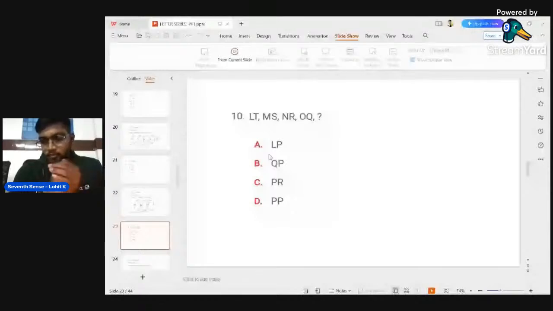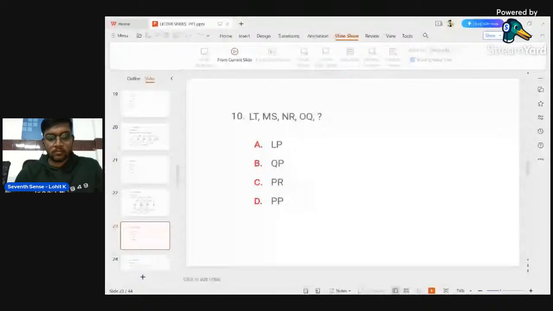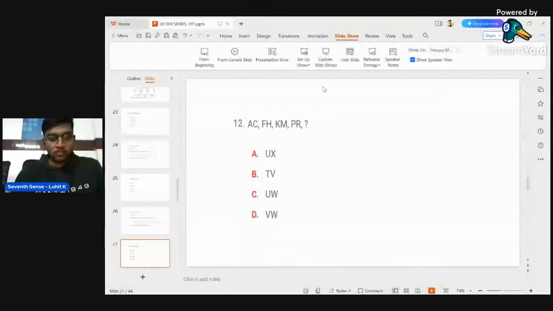Okay, so first alphabet will be 1 plus, okay. Option D you're saying.